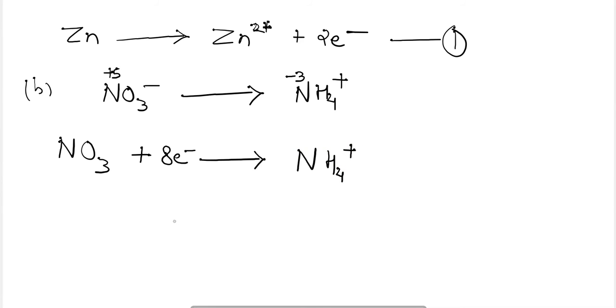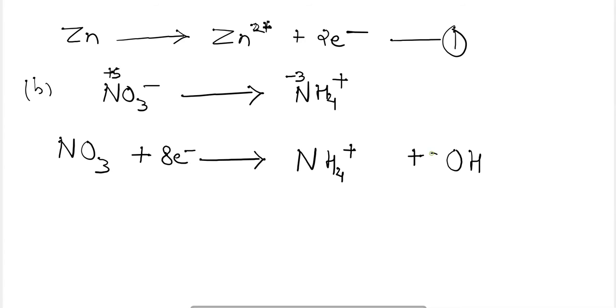After this balancing, now we have to start the balancing of the oxygen and the hydrogen. So in the basic condition, we will add the required number of oxygen on the opposite side where it is deficient, we will add the same number of OH minus ion. So here 3 oxygen will be required.